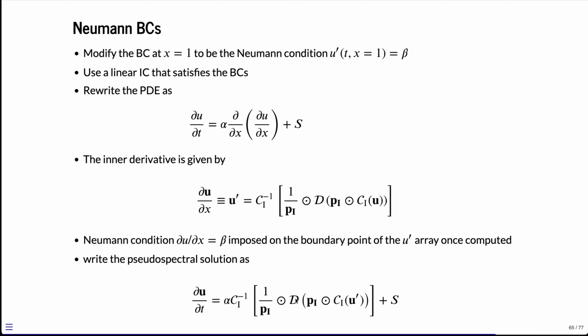So that's indicated down here, where we've done the evaluation of that first derivative that has the Neumann boundary condition in it, and then take the final form that we can then advance.